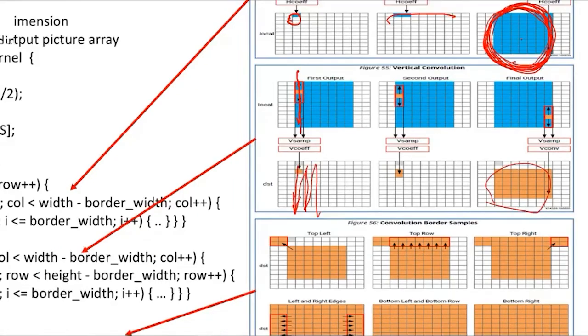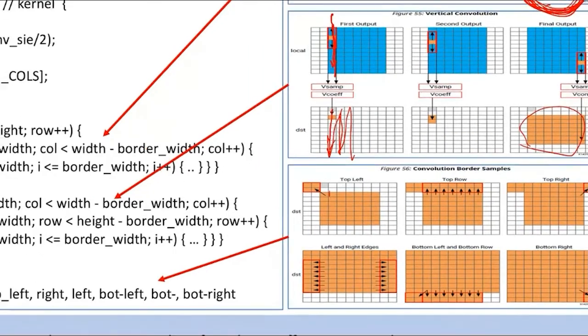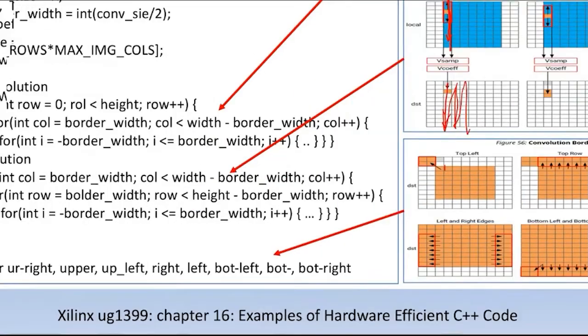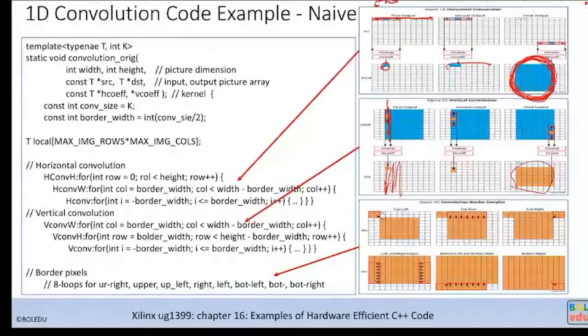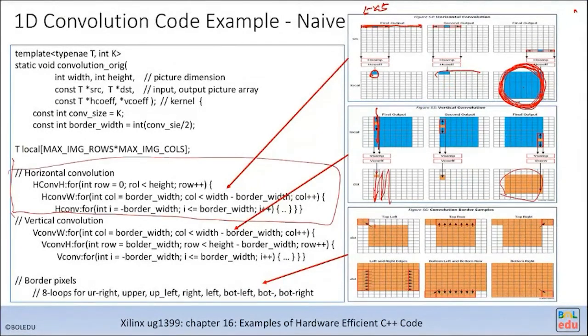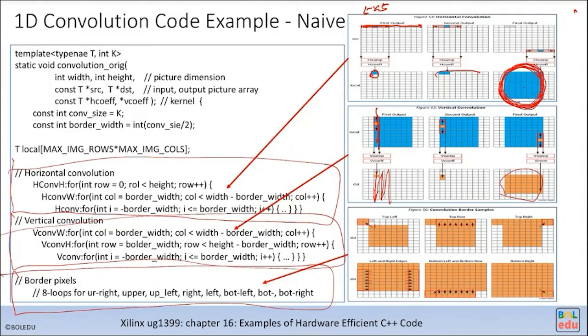And then you try to fix the boundary case. So this is the basic code structure: horizontal convolution, vertical convolution, and the boundary convolution. And for that you need a local buffer.